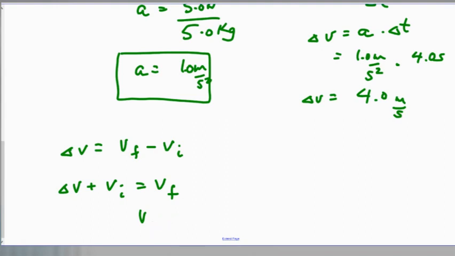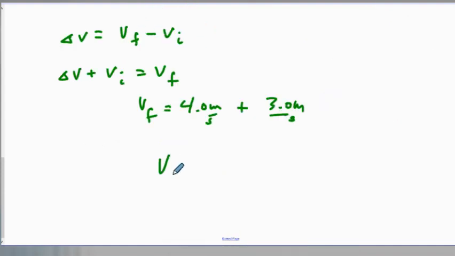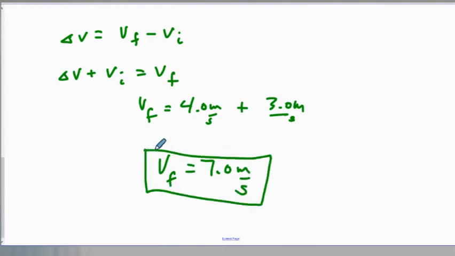Let's just keep them consistent here. My final velocity will be my change in velocity, which was 4 meters per second, plus my initial velocity, which was 3 meters per second, to give me a final answer of 7 meters per second. That is how fast the box is now moving.